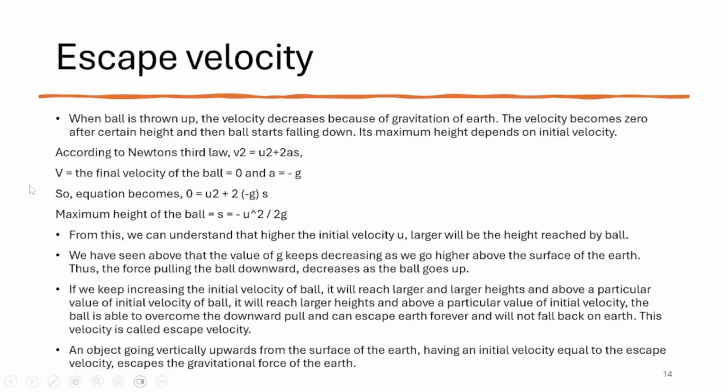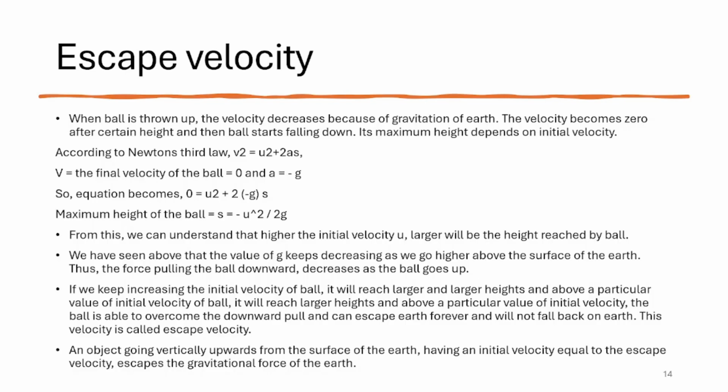Now, escape velocity. As we discussed before, when a ball is thrown up, its velocity will decrease due to the gravitation of Earth. The velocity will become zero after reaching a certain height, and then the ball will fall down. This maximum height will depend on the initial velocity only. So according to the equation of motion, v square is equal to u square plus 2as.